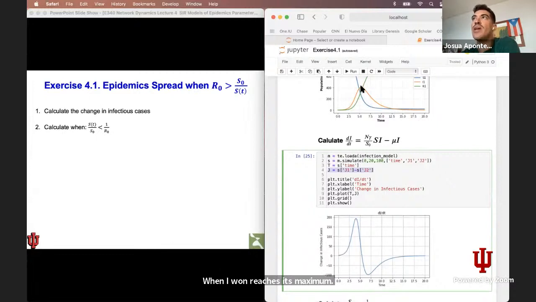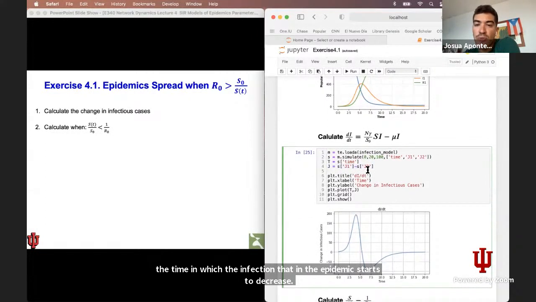So I1's reached the highest number of infected individuals at a particular time. From that time forward, the number of infected individuals starts decreasing, right? So we can identify that particular time as the time in which the infection, the epidemic, starts to decrease.